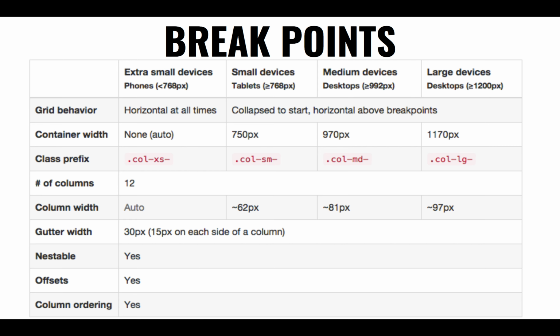And anywhere between 970 and 1170, this is where the column medium styling is going to apply. And anywhere between 750 and 970, that's what I'm going to consider small screen. So you write the prefixes, but they're tied to these screen sizes.